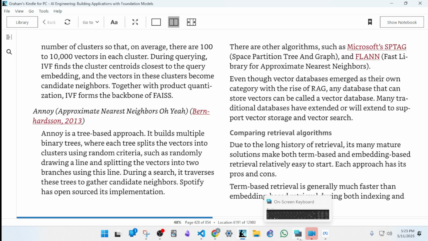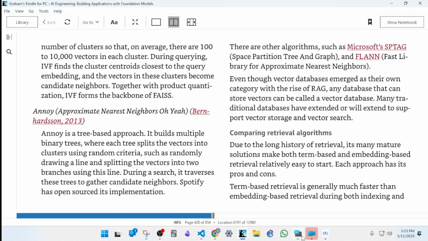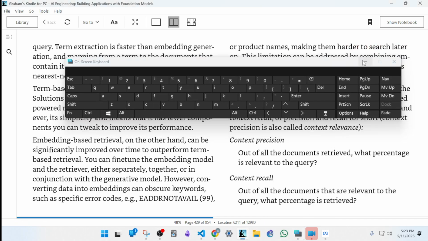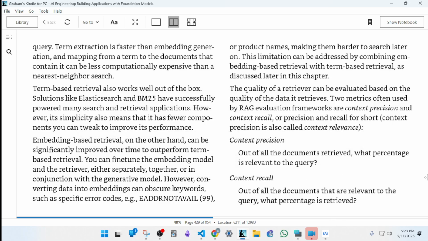Comparing retrieval algorithms. Due to the long history of retrieval, its many mature solutions make both term-based and embedding-based retrieval relatively easy to start. Each approach has its pros and cons. Term-based retrieval is generally much faster than embedding-based retrieval during both indexing and query.